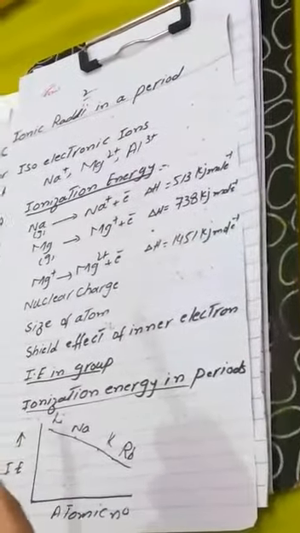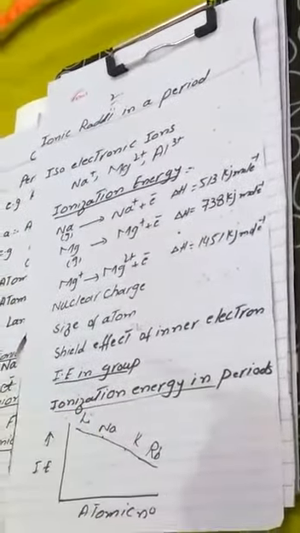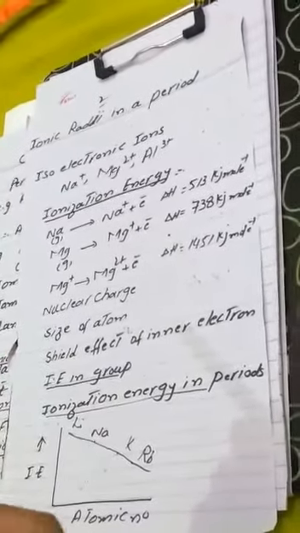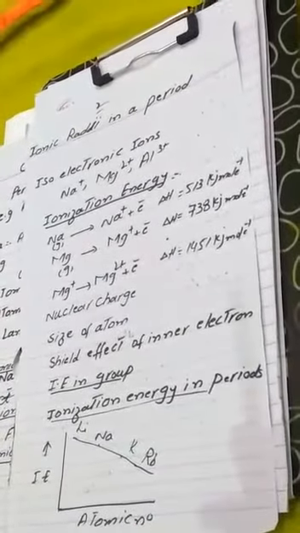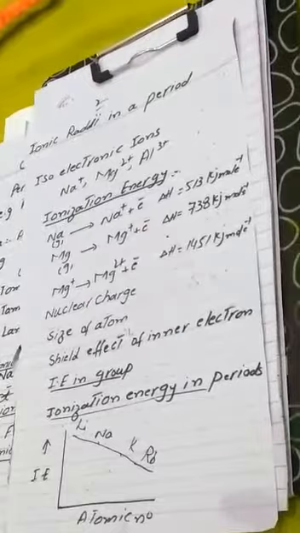In a simple way, we can define it: the minimum amount of energy required to remove the most loosely bound electron from a gaseous atom is known as ionization energy. For example, when sodium is converted to sodium ion, 513 kilojoule per mole of energy is required.